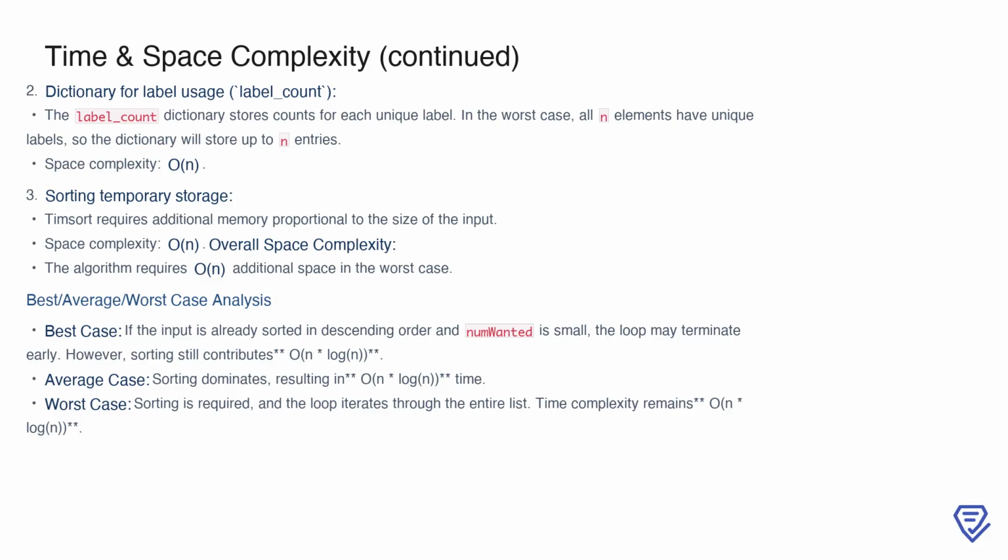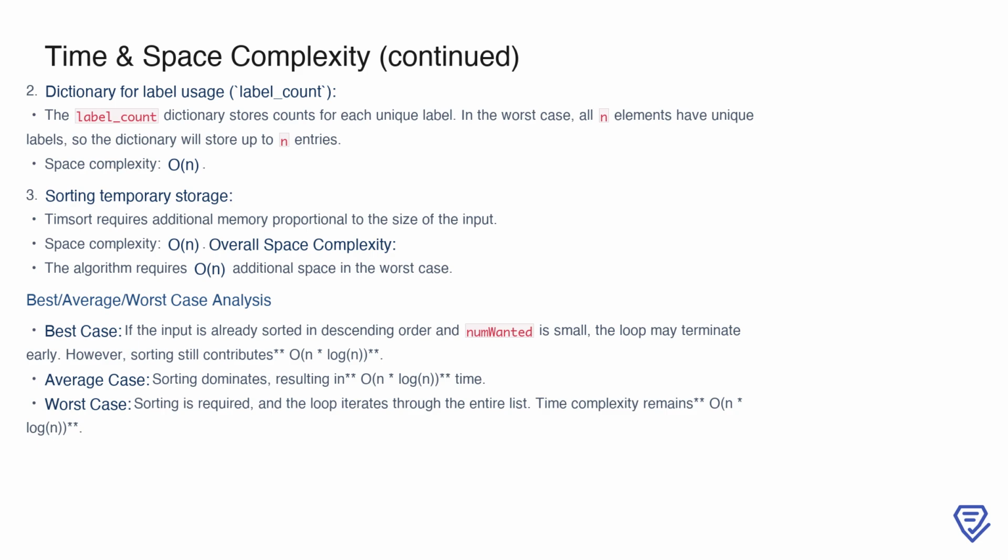In the worst-case scenario, where all n elements have unique labels, the dictionary would require space for n entries, resulting in O(n) space complexity. Additionally, the sorting step with timsort uses temporary storage proportional to the size of the input, which also contributes O(n) to the space complexity. When we consider these factors together, the overall space complexity of the algorithm is O(n).